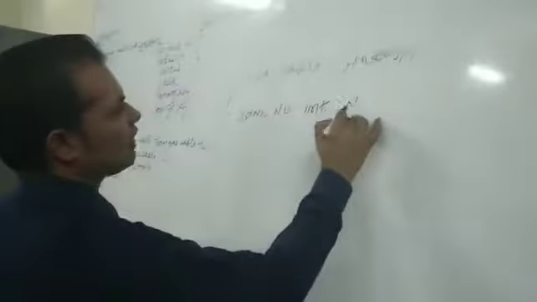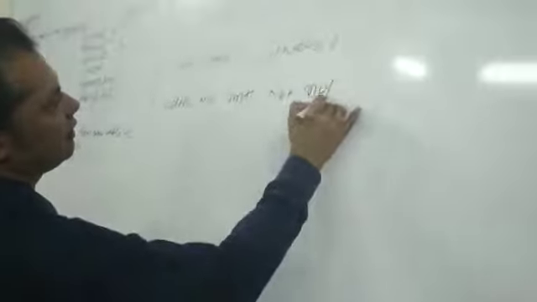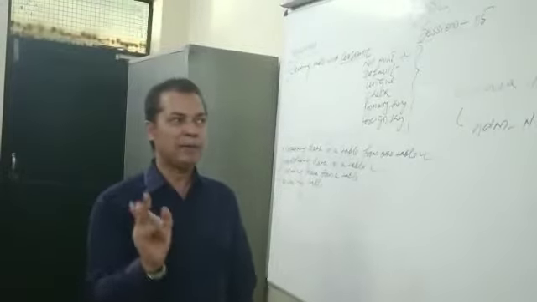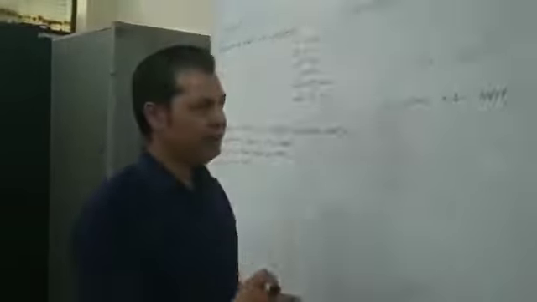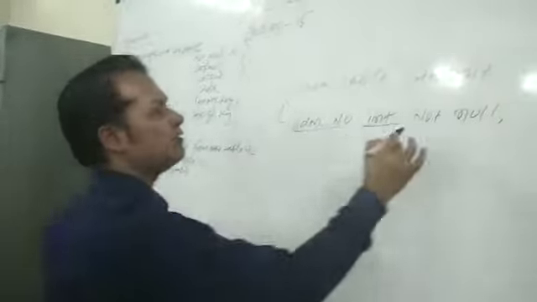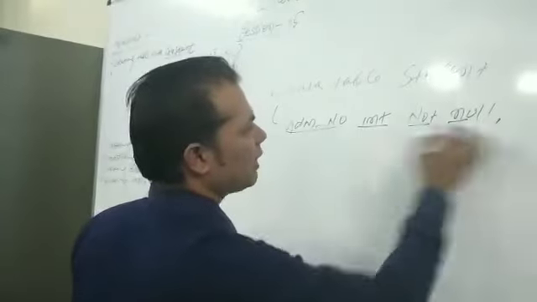So simply I have to write not null, comma. It means if you want to apply the not null constraint on a particular field, then the command is the field name followed by the data type and size depending on the data type, and the not null keyword followed by a comma.